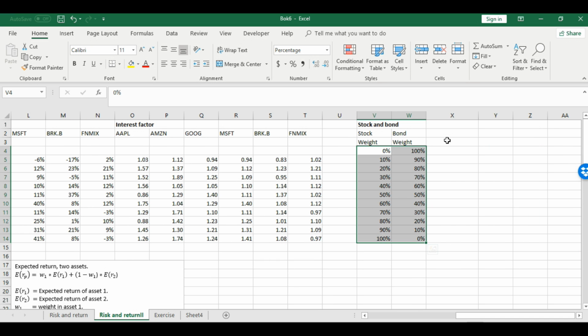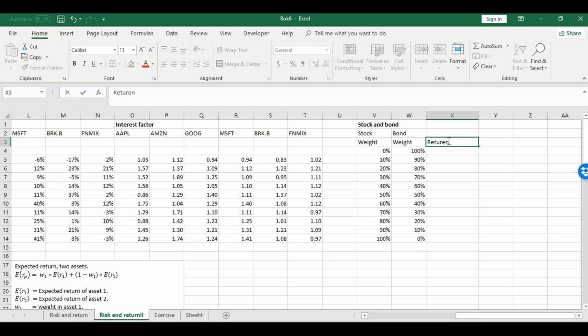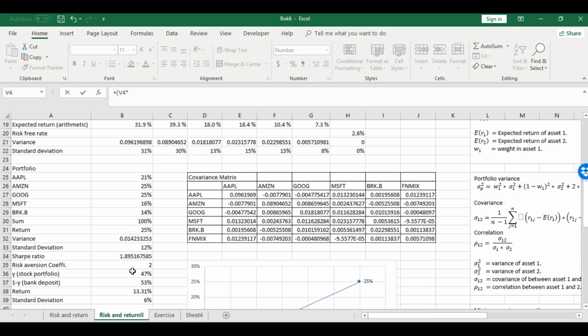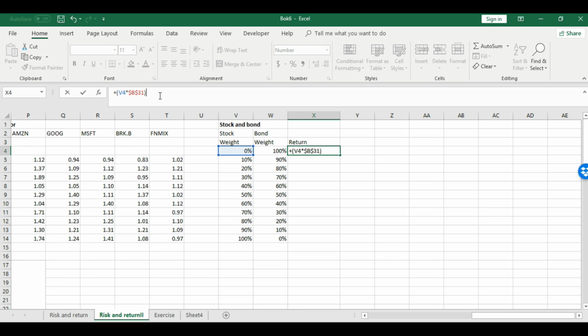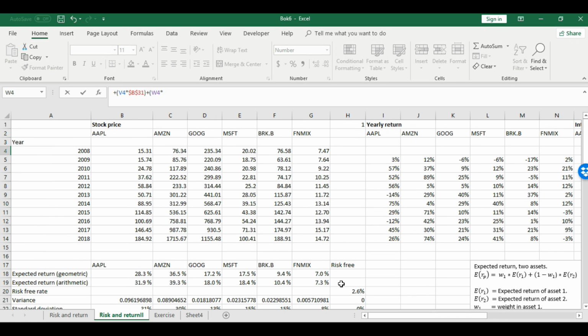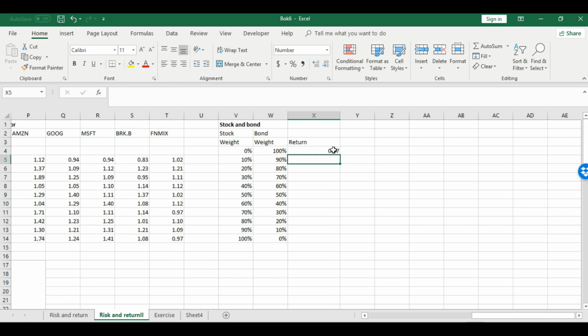So return, you take the weight of the stock portfolio, multiply by the return of the stock portfolio, plus the weight of the bond, multiply by the return of the bond. There.